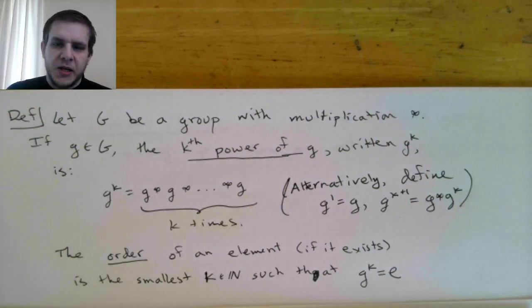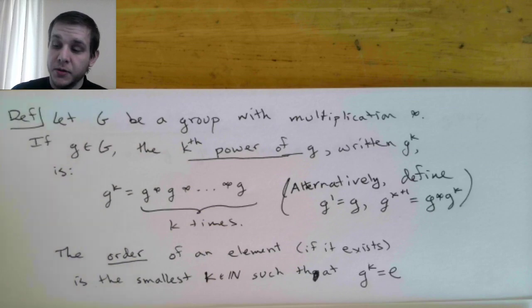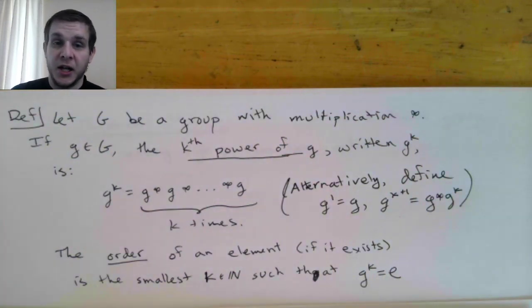So the order of an element, if it exists, is this. If you're in an infinite group, not every element will have an order. But as we'll soon see, in a finite group, every element does have an order. So the order of an element is the smallest positive integer such that when you raise G to that power, you get the identity element of the group back.